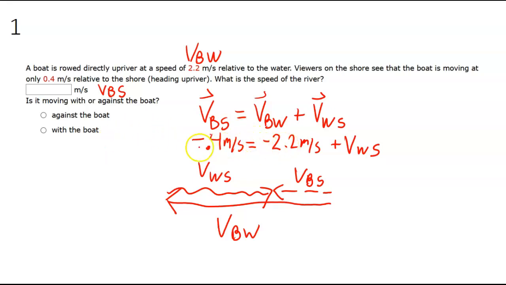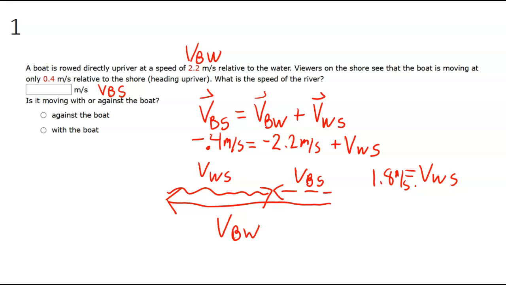So I add 2.2 to both sides, and I would get the speed of the water relative to the shore. It's going to be 1.8 meters per second, and that will be moving against the boat.